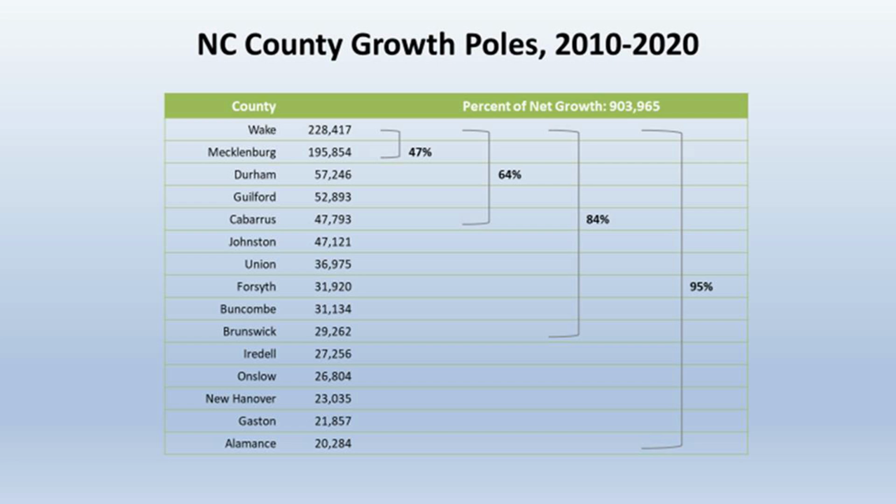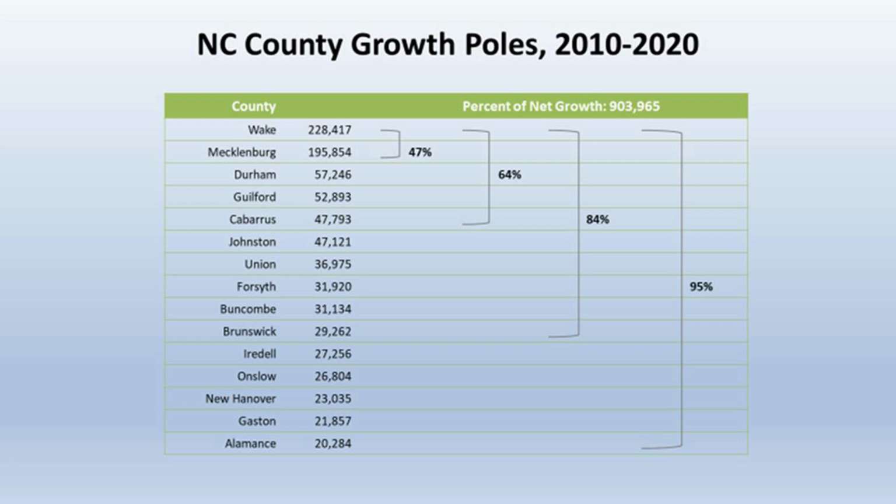So, and this is what it looks like. It used to be everybody came to Raleigh and Charlotte, and they were at the top. And then during COVID, it started spreading out to the counties that border Wake and Mecklenburg: Durham, Guilford, Cabarrus. You see it going down, Brunswick County, and it started picking up more counties.